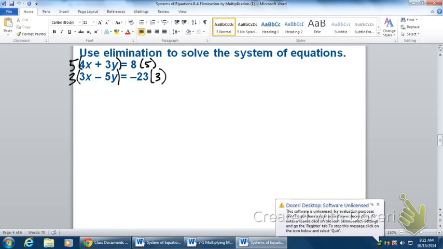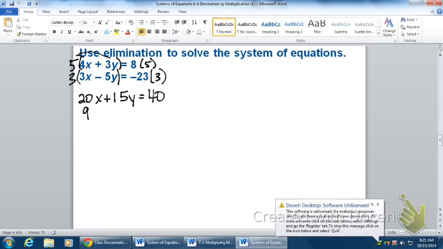So now, if I work these out, my y's will cancel, in which I could figure out x or y. I could solve for x. So go ahead and do that. Go ahead and distribute these values. That gives me a 20x plus a 15y equals 40.